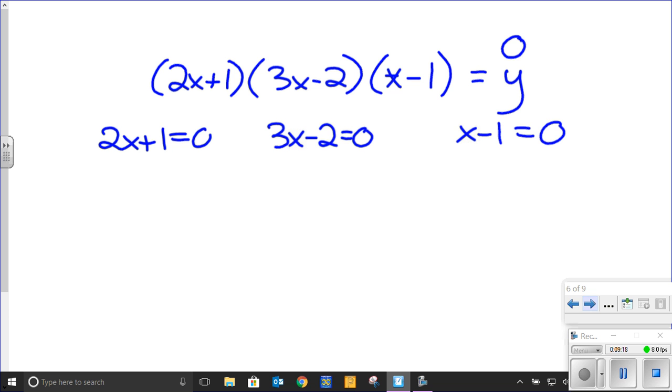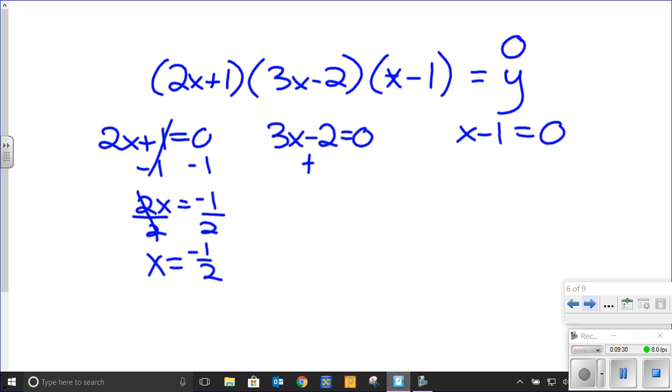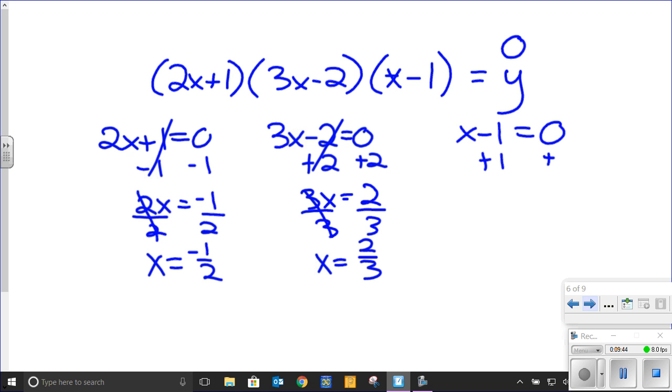Solving each one of these baby equations, minus 1. 2x is equal to -1. Divide both sides by 2. So x is equal to -half. Add 2 to both sides on this one. We have 3x is equal to 2. Divide both sides by 3. And we get x is equal to positive 2 over 3. And the last one here, we're going to add 1 to both sides.